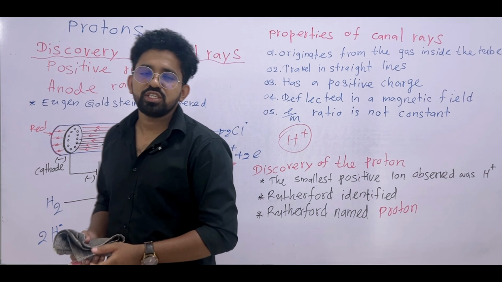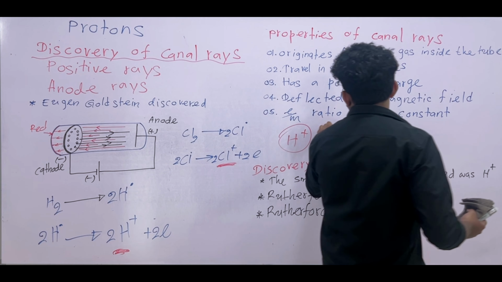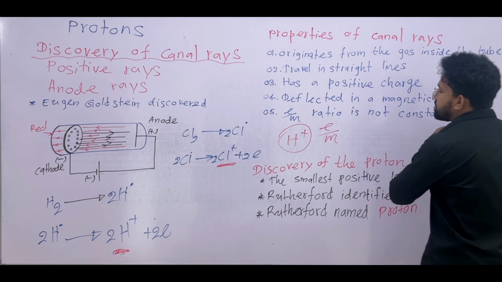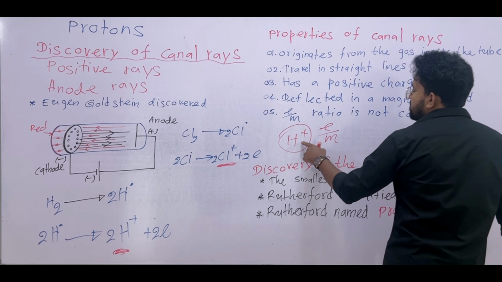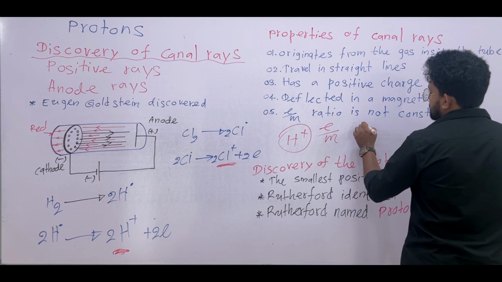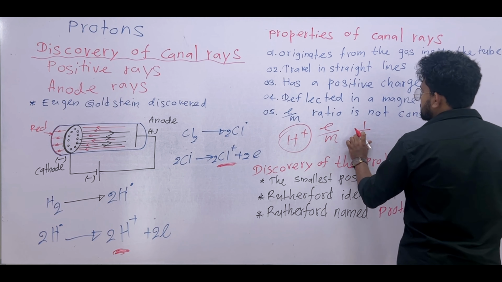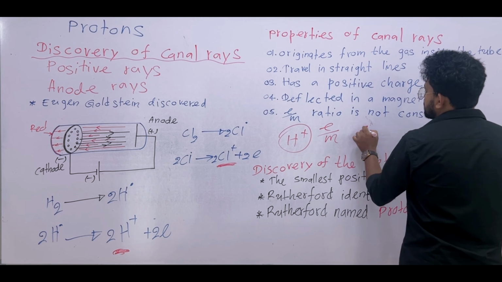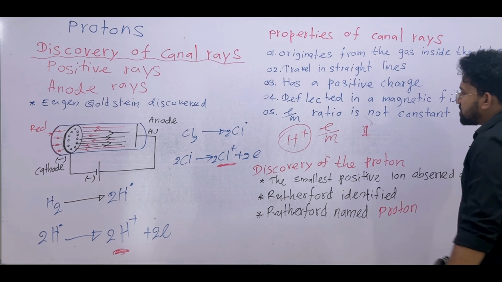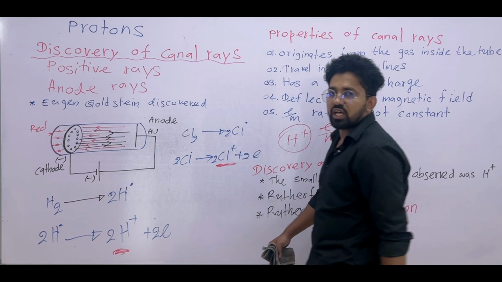And when it comes to H+, if we consider the relative values, the charge is 1 and the relative mass is 1, so let's think the e/m value is 1. What happens if we use Cl or the other ones?